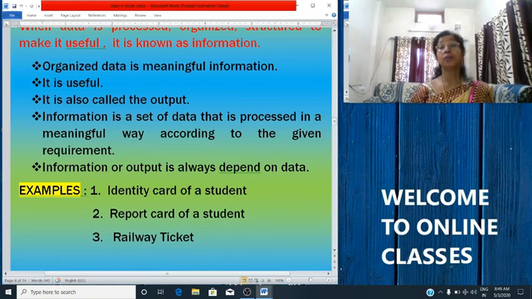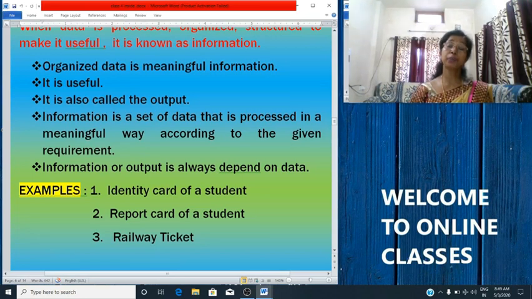Okay. Now we will see another example, that is your report card. You know that after every exam you get a report card. So here the data is your marks you obtained in different subjects.